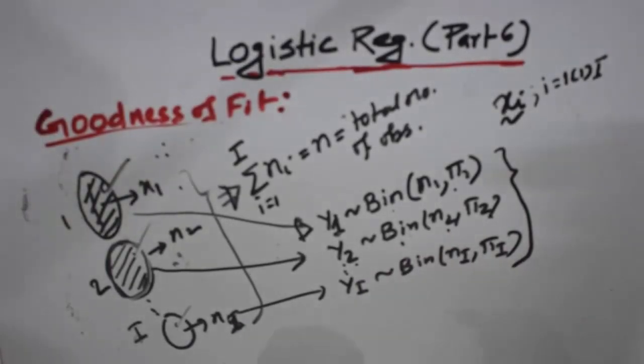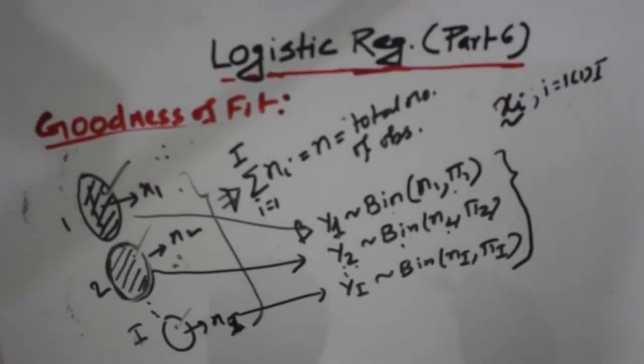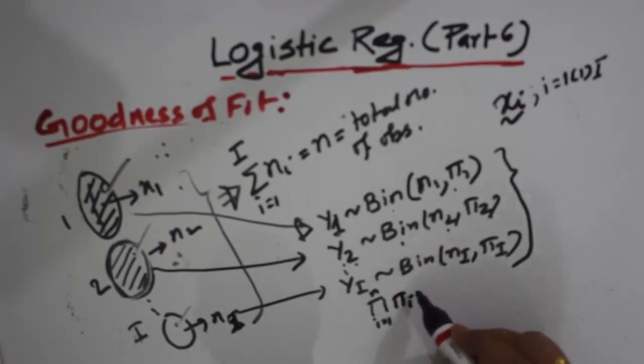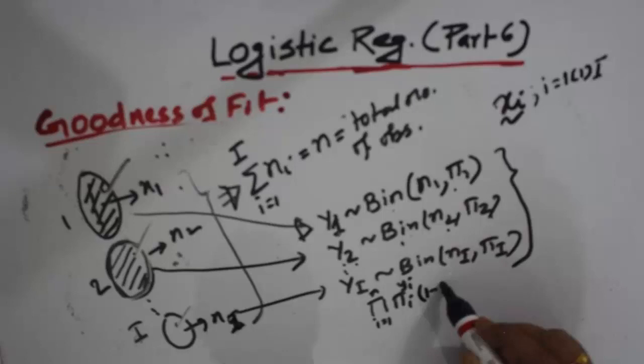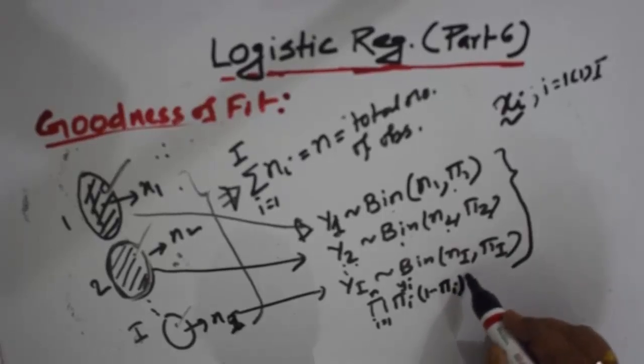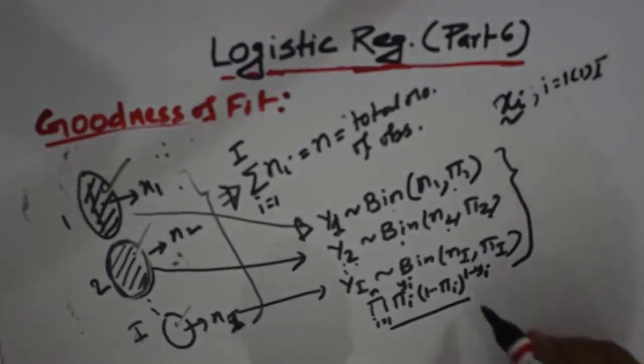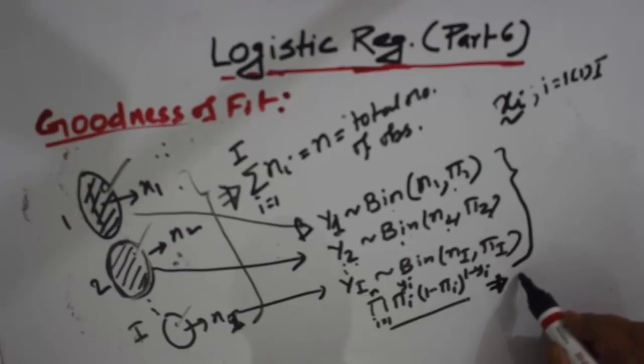The product Bernoulli and product binomial likelihoods are proportional. Why? This is called product Bernoulli.